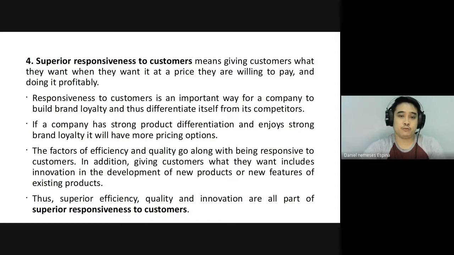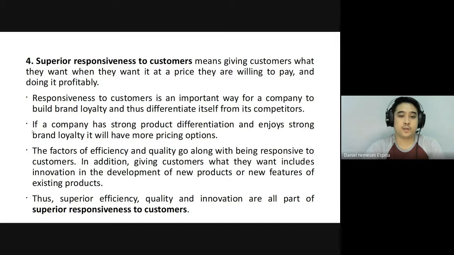Some of them buy for personal or business use, but a lot of them buy for social belongingness, for status symbol. If a company has strong product differentiation and enjoys strong brand loyalty, it will have more pricing options.